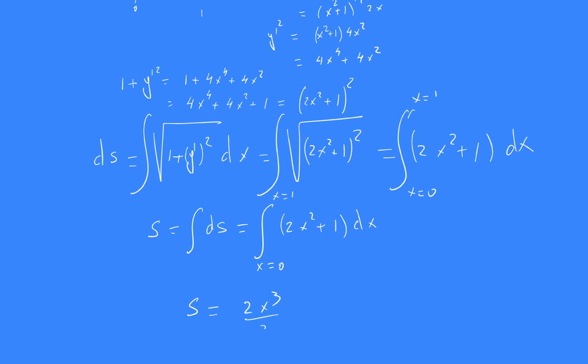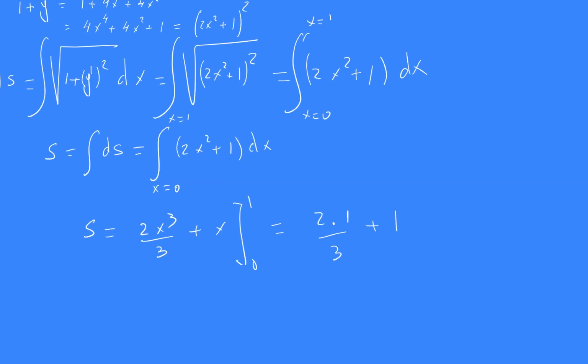And this integral will be 2x cubed divided by 3 plus x, evaluated between 0 and 1. For 0 is easy, for 1 is easy, so the integral will be 2 multiplied by 1/3 plus 1, which is 2/3 plus 1, which is 2/3 plus 3/3, which is 5/3. 5/3 is the length of the arc of this curve between 0 and 1.